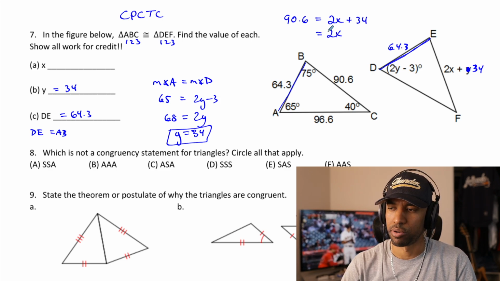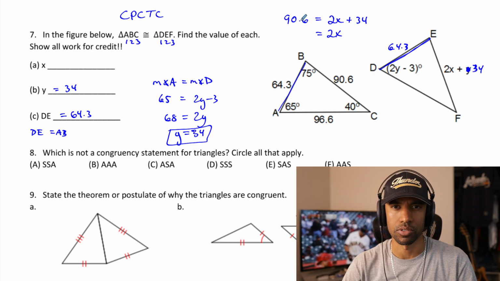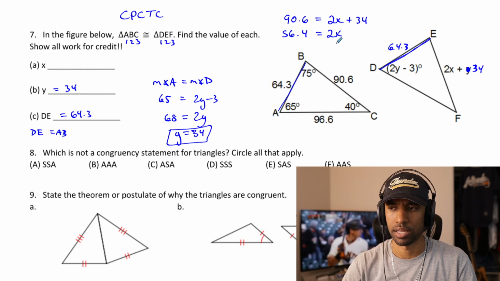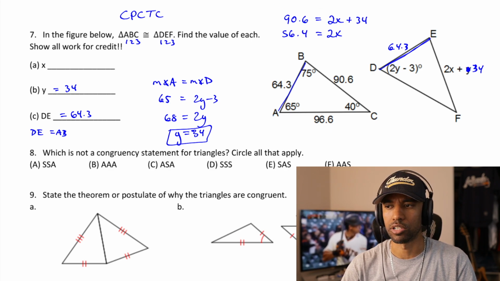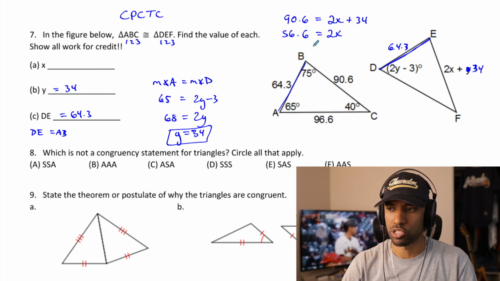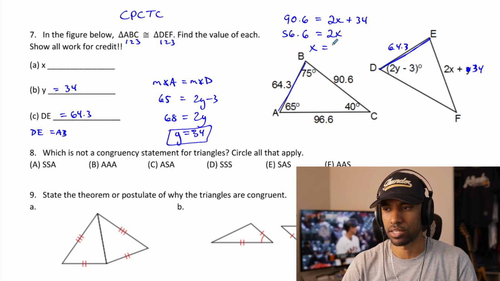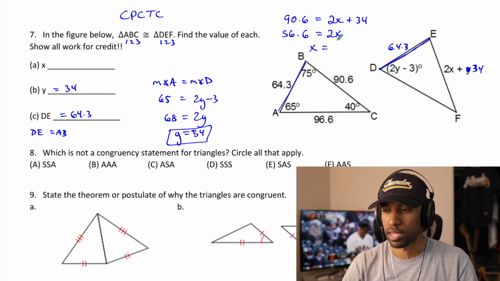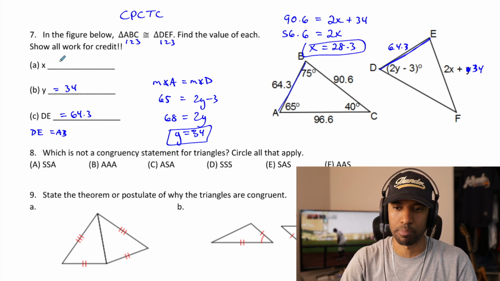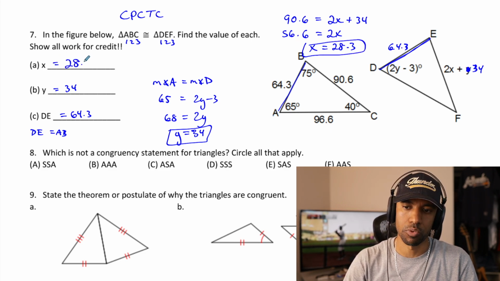Subtract 34 from both sides, and I get 2x equals 56.6, not 56.4. Then divide both sides by 2, and you're going to get x equals 28.3. Yeah, it looks like I kind of worked backwards there. I at least needed y to get x.